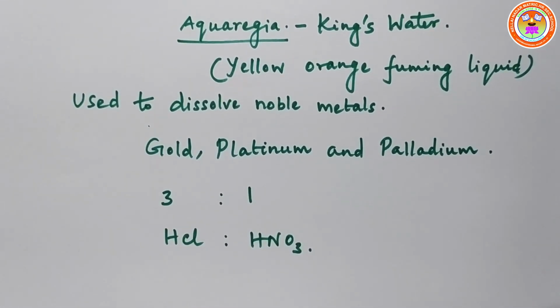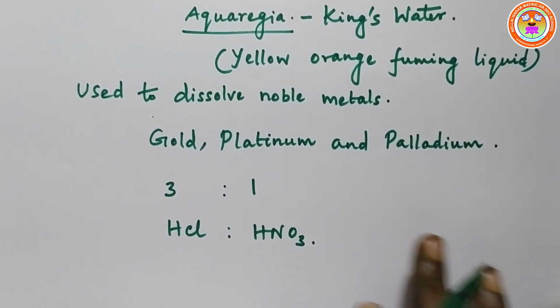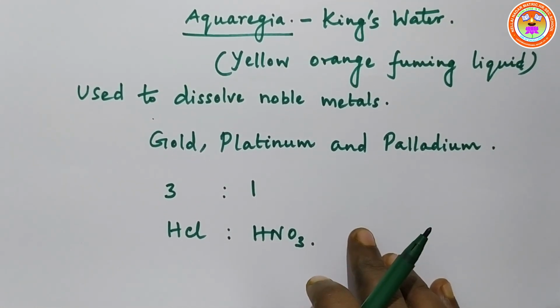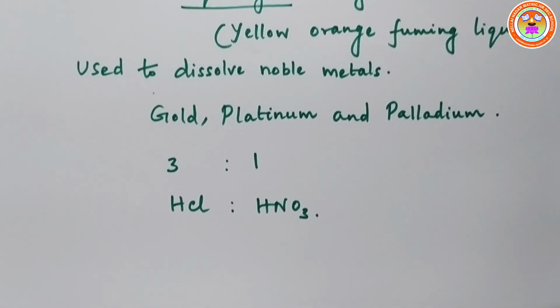Okay, children. So aqua regia is mainly used for dissolving the noble metals and also used in refining gold. So these are the main uses of aqua regia.